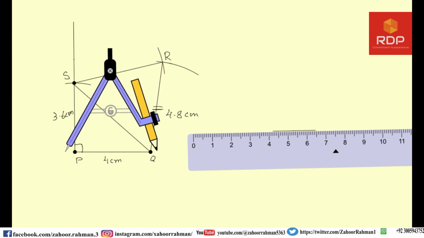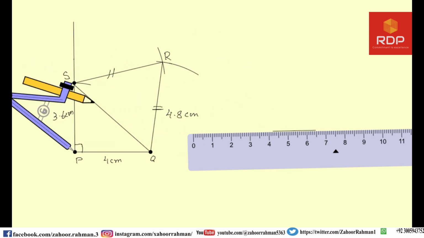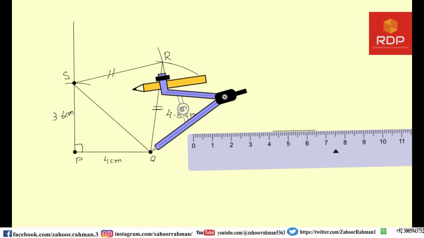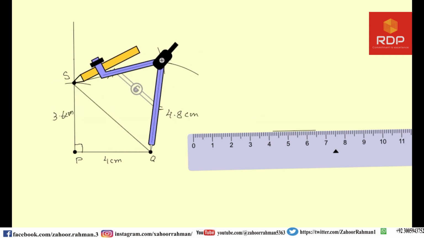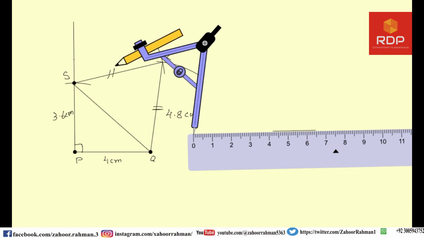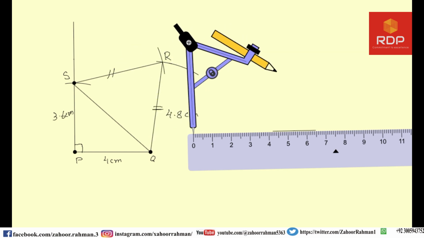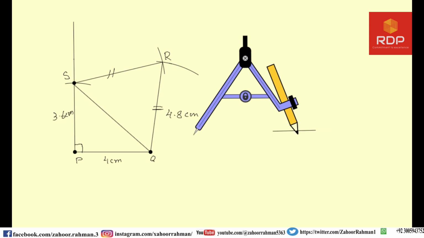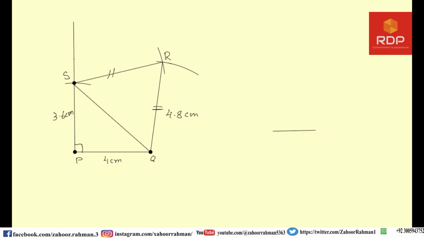Oh, I have not locked it, so we have to lock it first. Let us lock it and then measure the length, and that is 5.5 with me. So let us remove this and write 5.5 centimeter in this case.